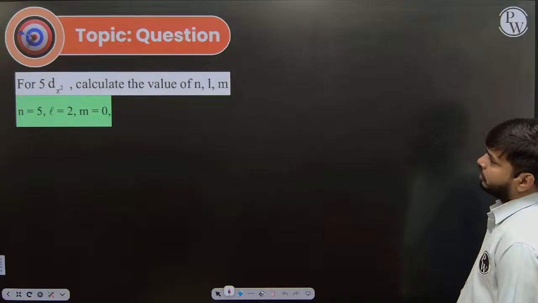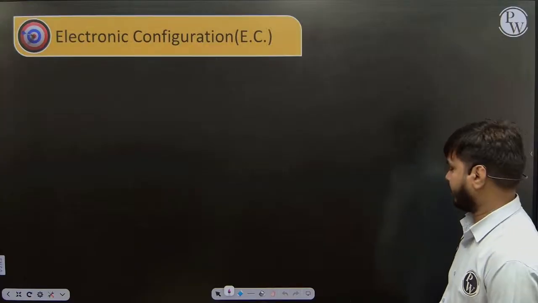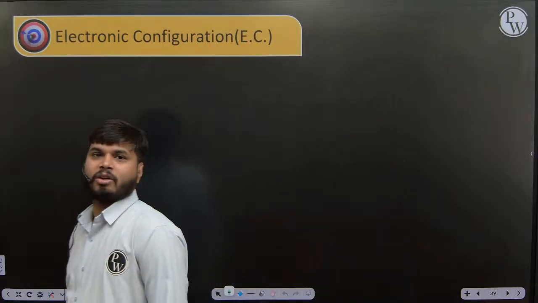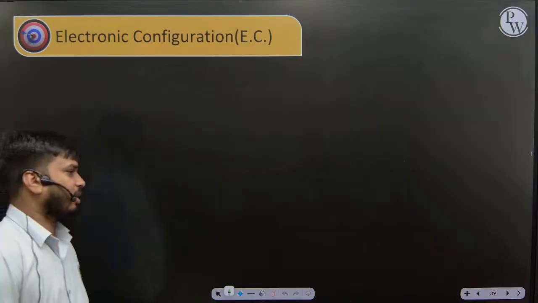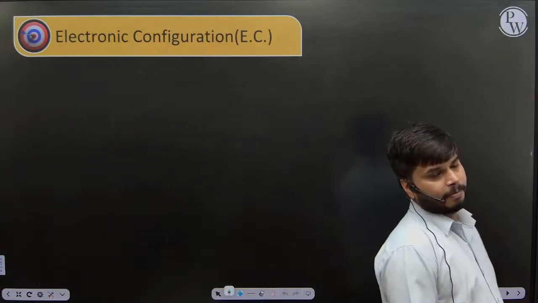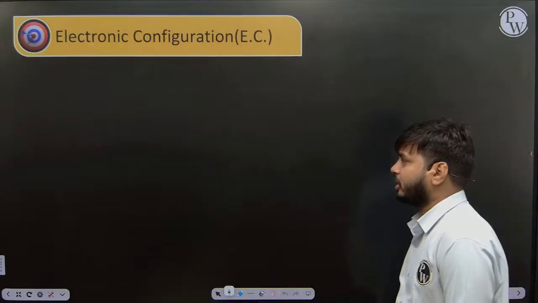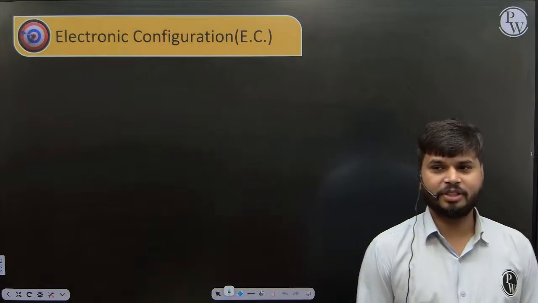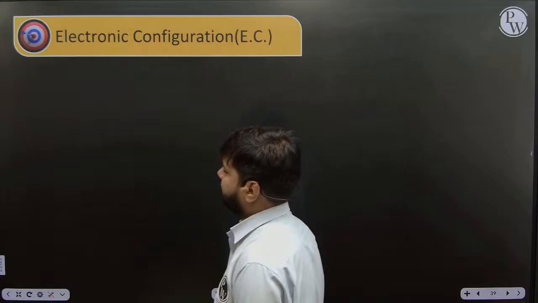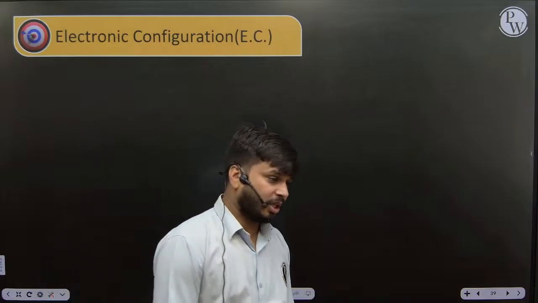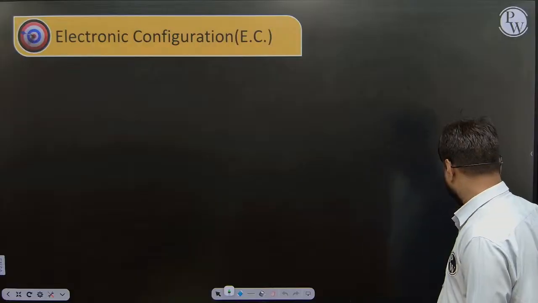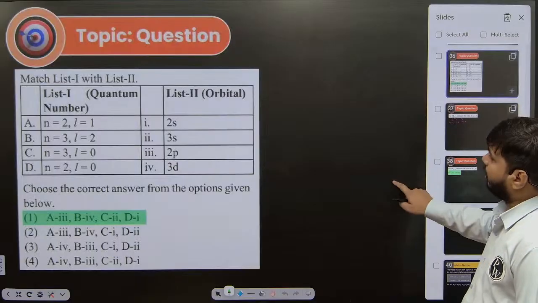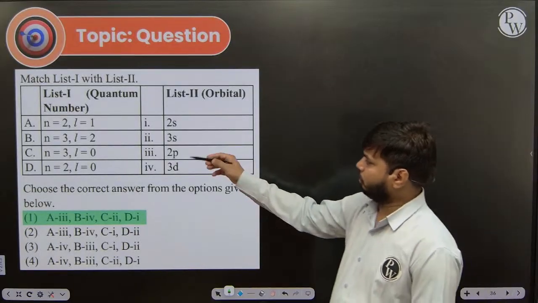Okay. Great. Now let's come to our next part, which is called electronic configuration. Based upon the quantum numbers, we can write down the electronic configuration. When we are having different subshells, for example, in this particular question, you can see 2s, 3s, 2p, 3d.